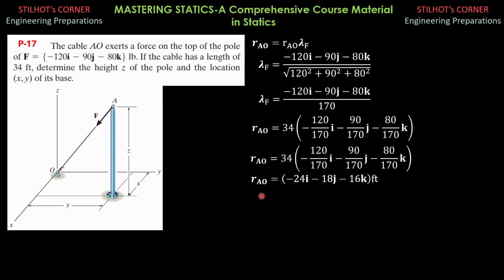So ROA equals the quantity 24i plus 18j plus 16k. So that means x is 24, y is 18, and z is 16 feet. So z is 16 feet, and x, y is 24, 18 feet. So that's it.